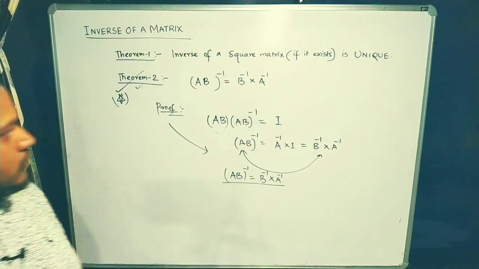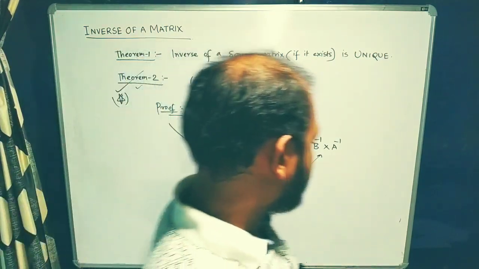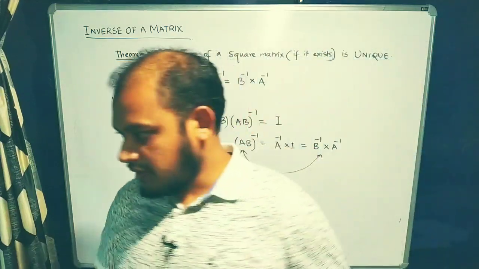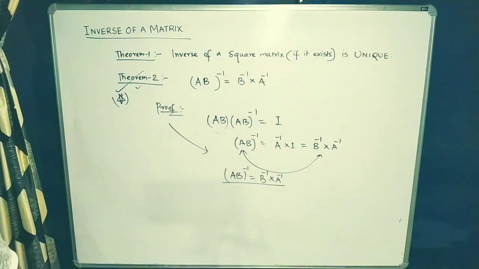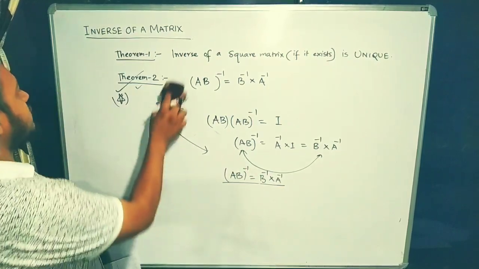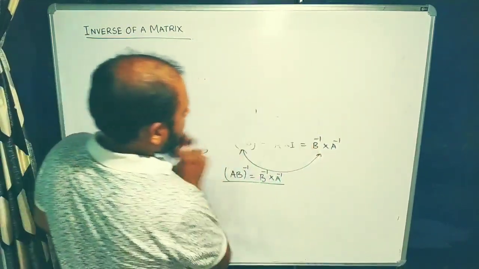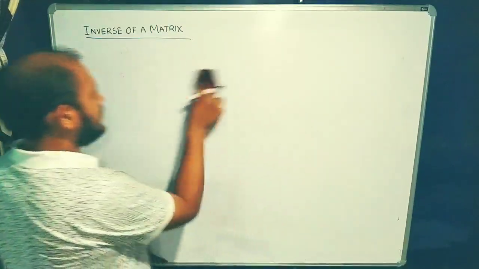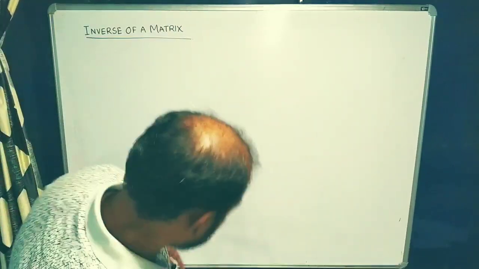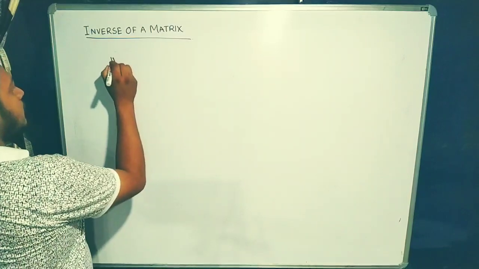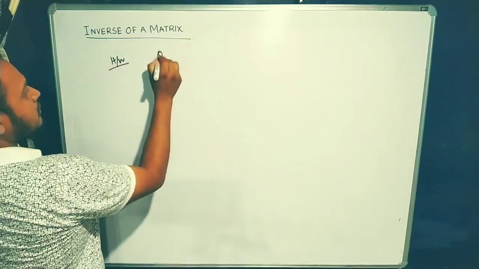I hope that you have understood matrices properly, and try to solve as many problems as possible. I am giving you some practice problems based on inverse of a matrix. Try to solve all of these at home, and hopefully in the next class we will move to the next chapter. This is your homework.